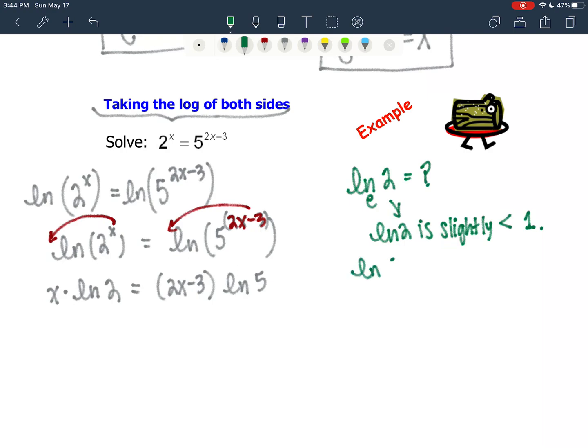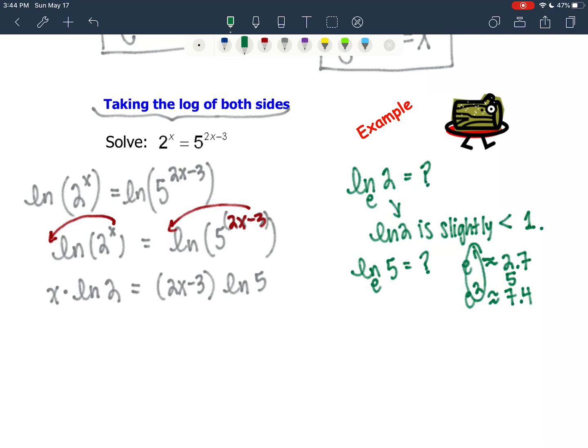And the natural log of 5, well, e to what power is 5? Well, e to the first power is about 2.718. E to the second power, remember our graphing, is between 7 and 8, about 7.4. So 5 is going to be between those two numbers.